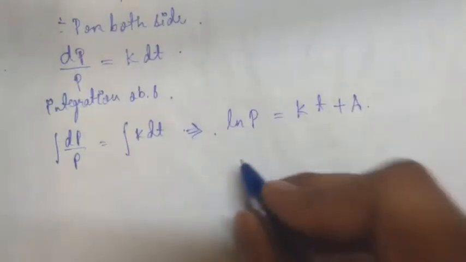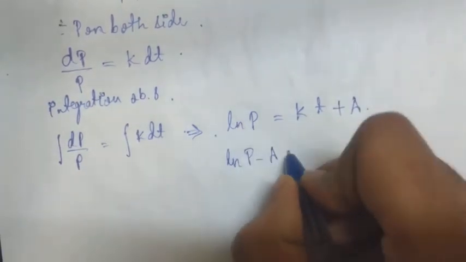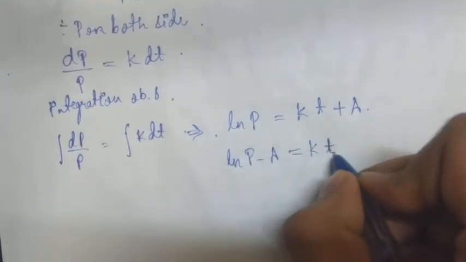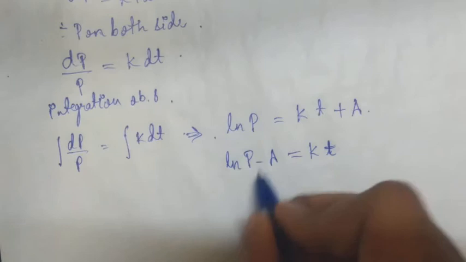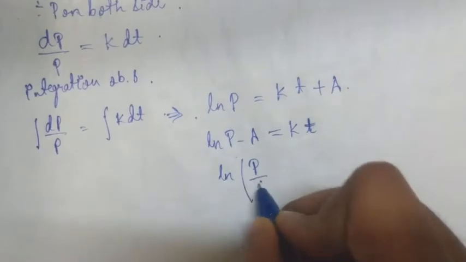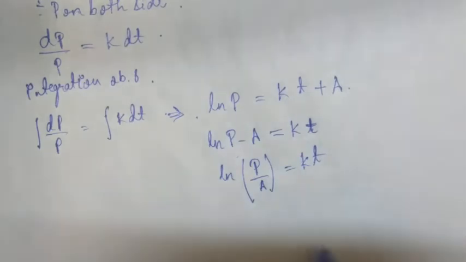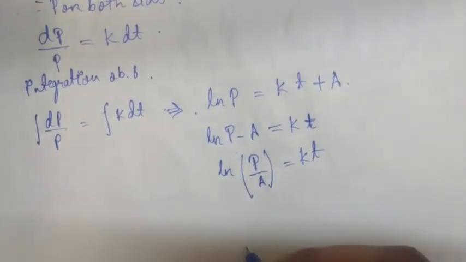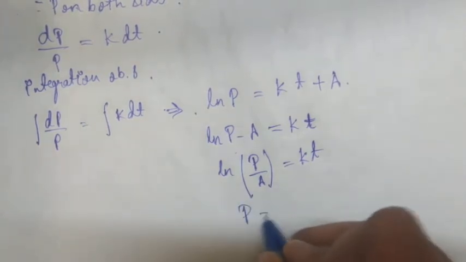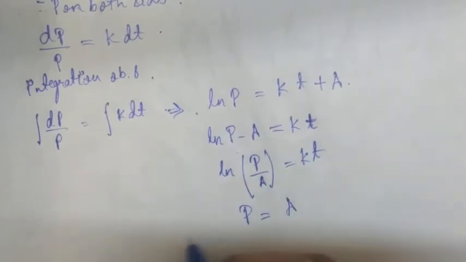So if we apply minus a on both sides, we get ln P minus a, which is equal to kt. Now if we apply the log property, one of the properties of log, we get P by a.